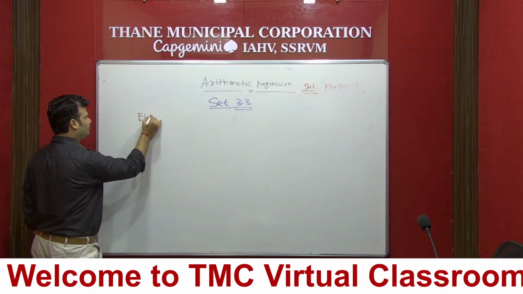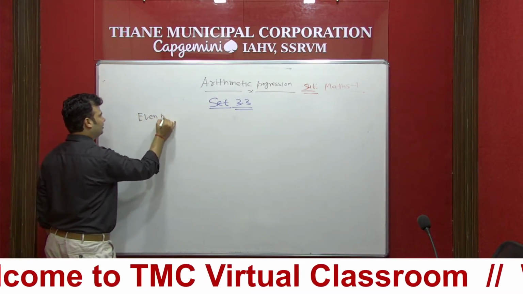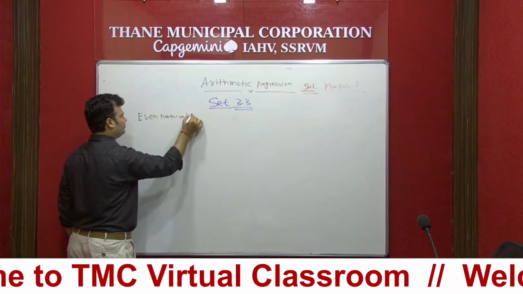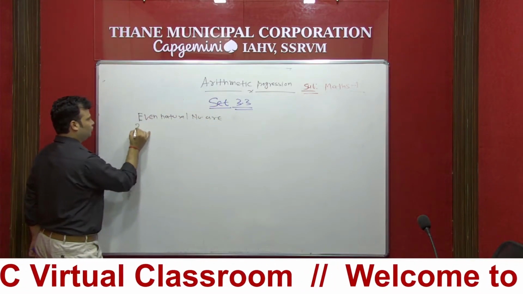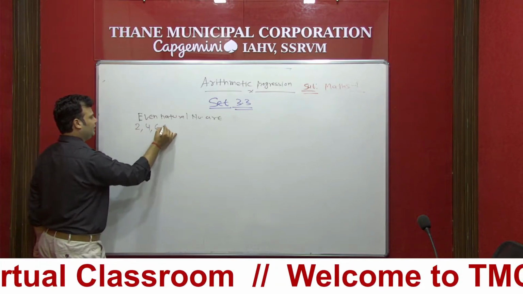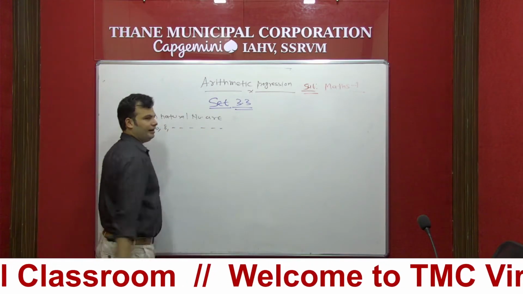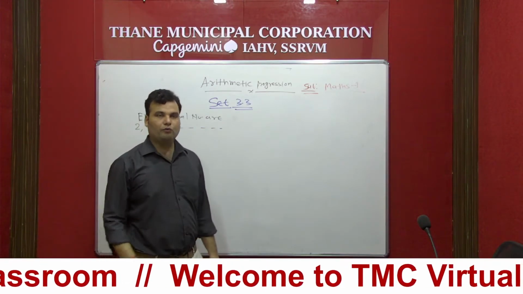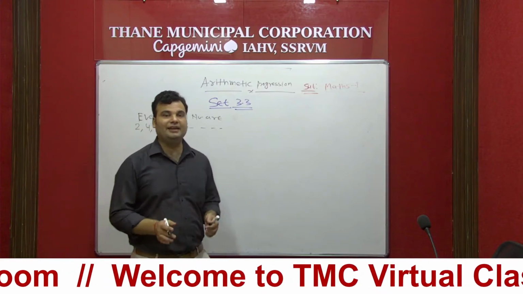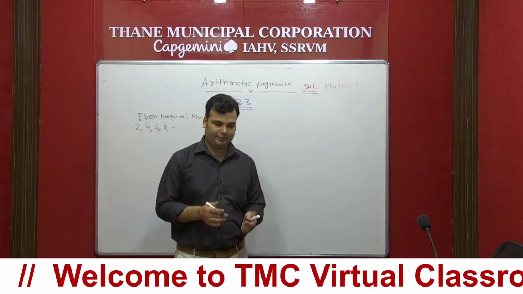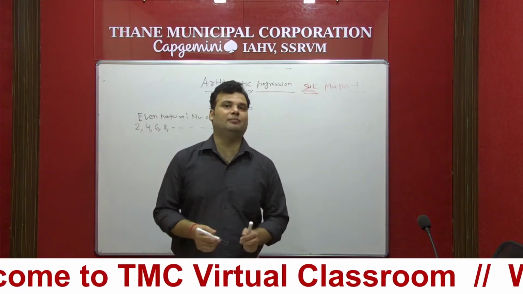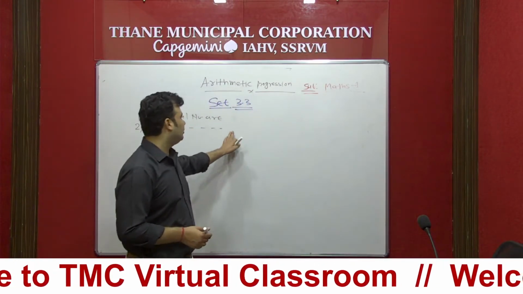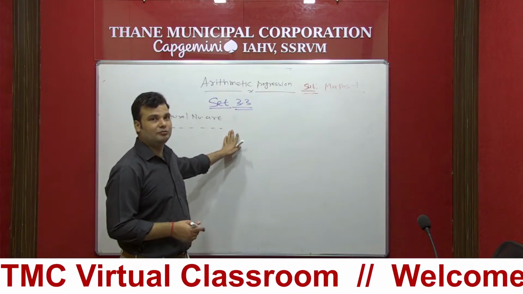Even natural numbers are, that is 2, 4, 6, 8, and we have to find 123. So n is given 123, and in this part we have to find the sum. So again last term is not given. कौन सा term tn है मुझे नहीं पता है.